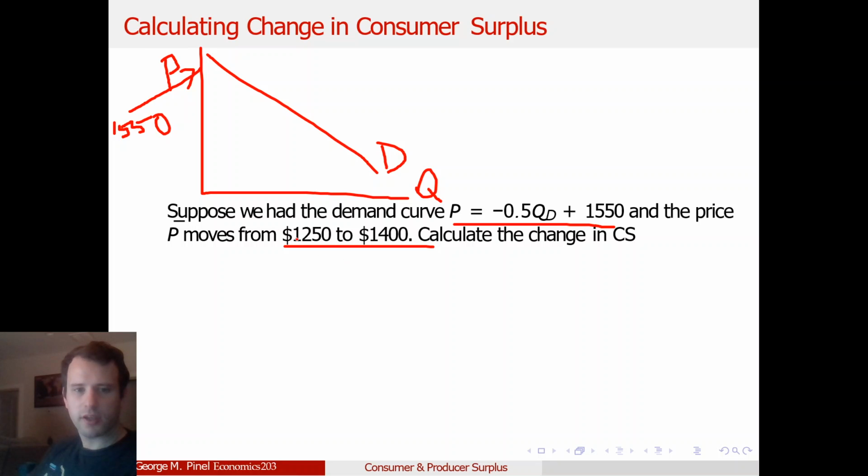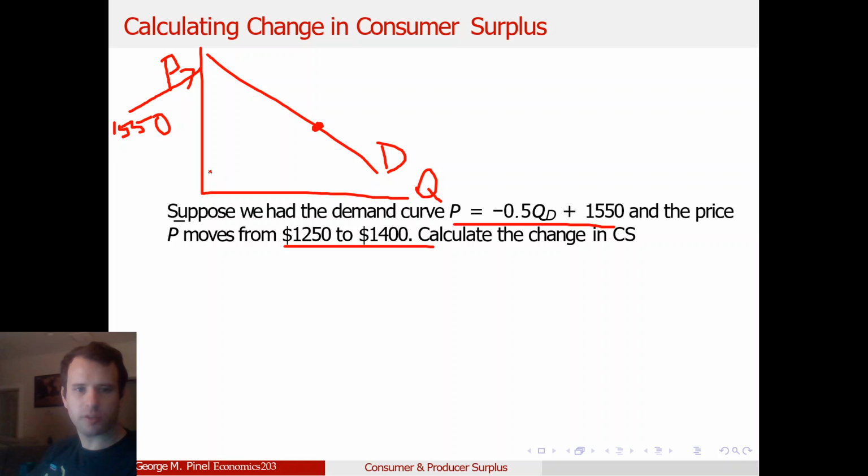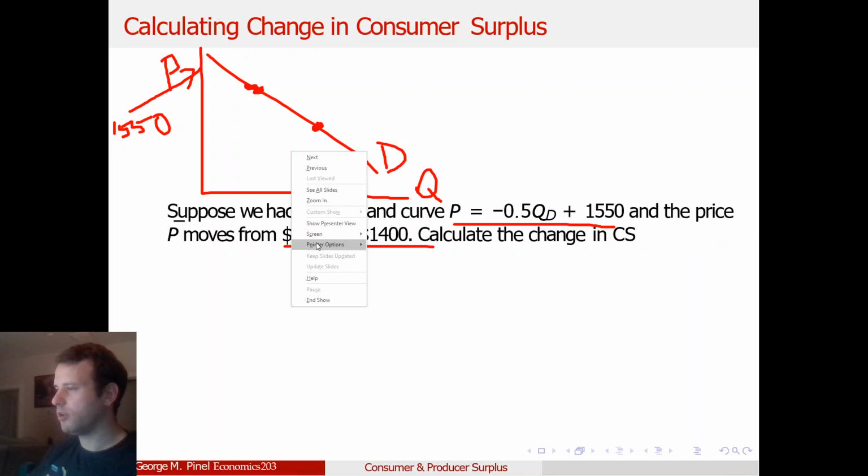Presumably at some point I had a price of 1250 as my equilibrium. So you can imagine a supply curve running up here and hitting 1250. And you can imagine a second supply curve after some sort of change running up here and hitting 1400.